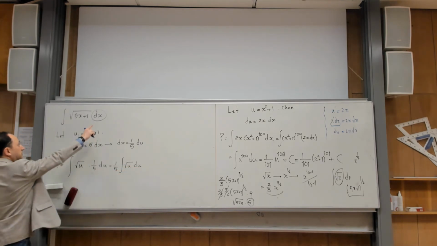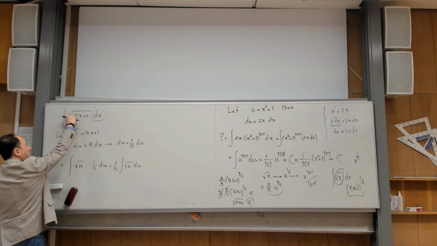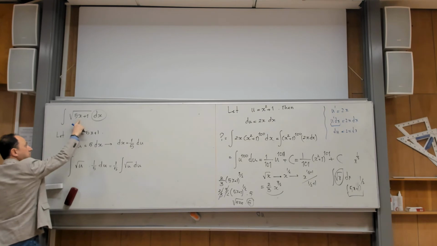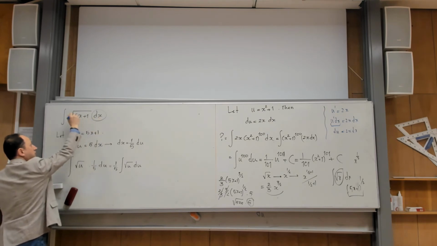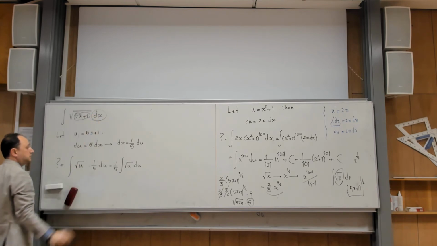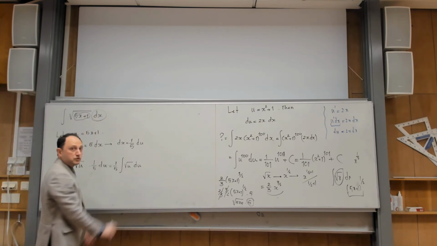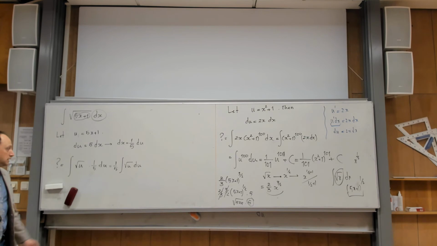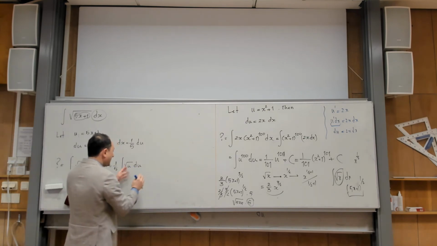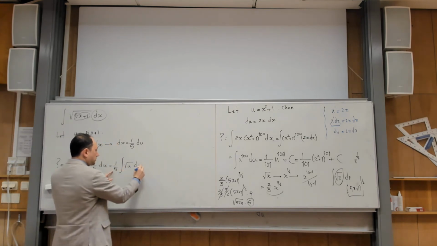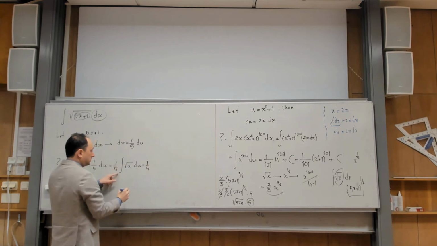Here it was different. I was calculating the integral of this, but x was variable. So what you see here is not what exactly appears here. But now they are exactly the same. So it means that I can use the formula. So the formula, exactly like u is x. So this becomes 1/5. Yes?